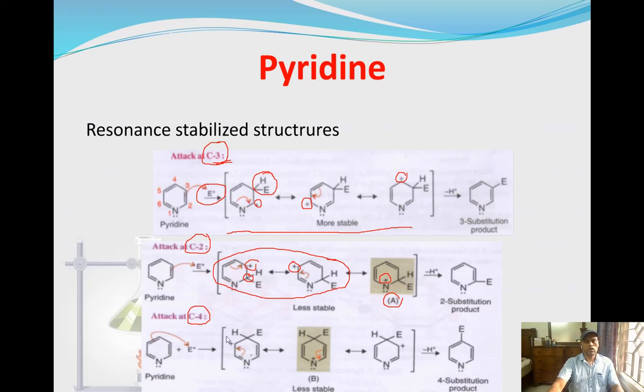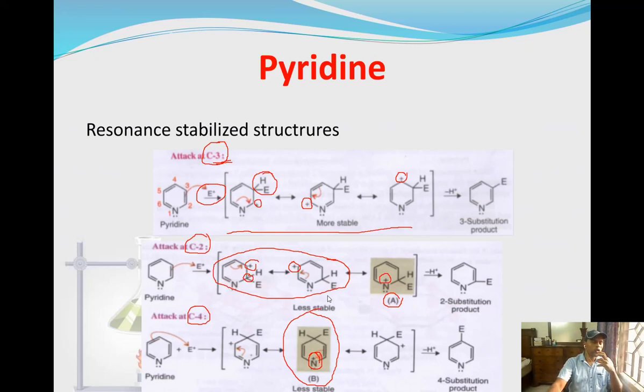A similar one is the attack at the C4 position. You are going to get one resonance structure with a positive charge on the nitrogen. Even this is not going to happen. So the resonance structures for attacks at C2 and C4 are least stable.